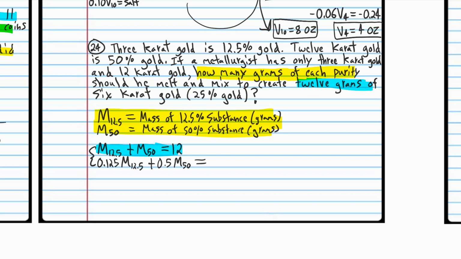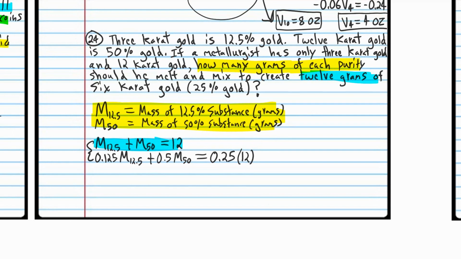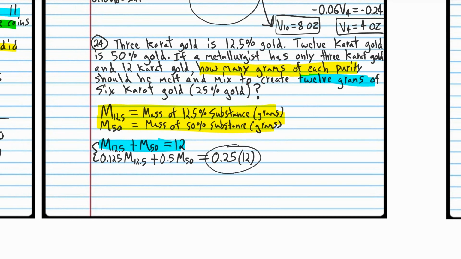And that should equal the total gold in our 12 grams. So we take 25, because this is 25%. Our final substance should be 25% gold. So we take 25% of the total number of grams. So this is the total amount of gold. The amount of gold in the 12.5% substance plus the amount of gold in the 50% substance gives us the total amount of gold.